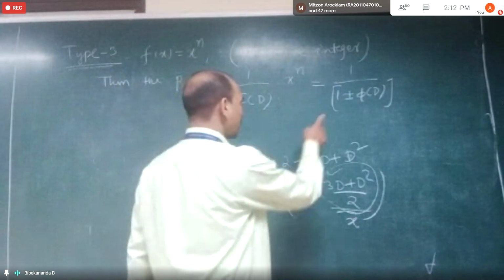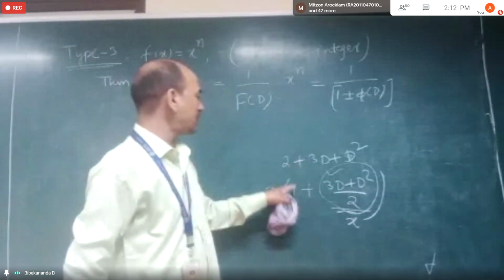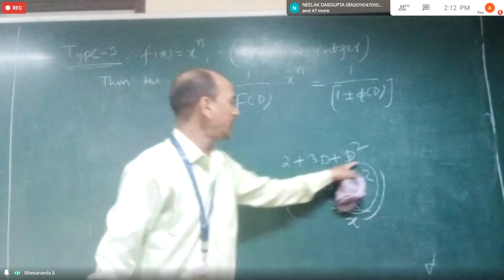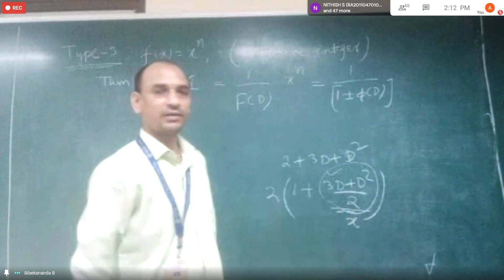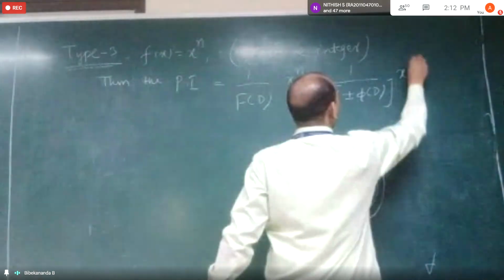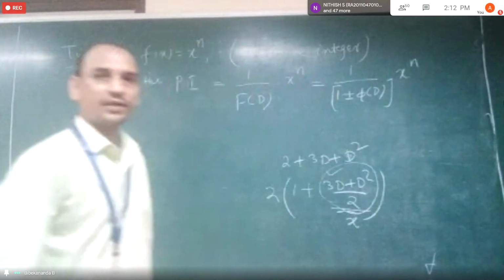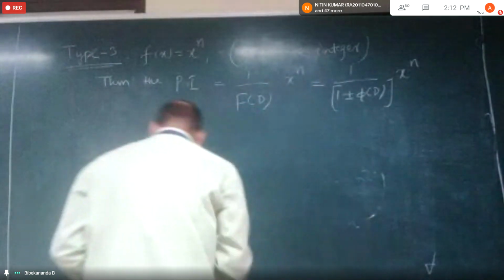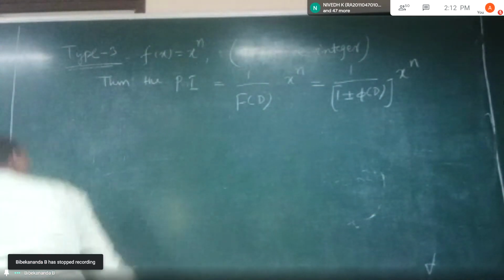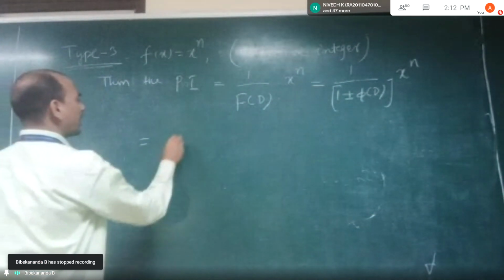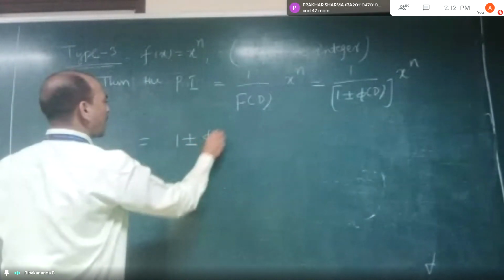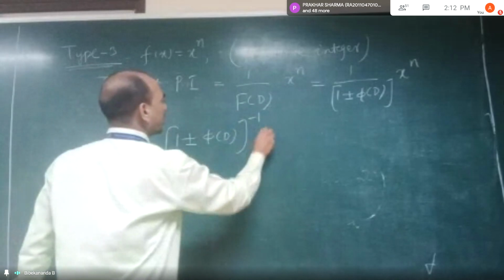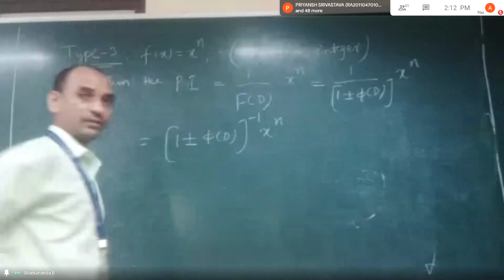For that, I am taking something common and making this element as 1, and the remaining element is phi d into x to the power n. After that, we will try to expand plus or minus phi of d inverse x to the power n.